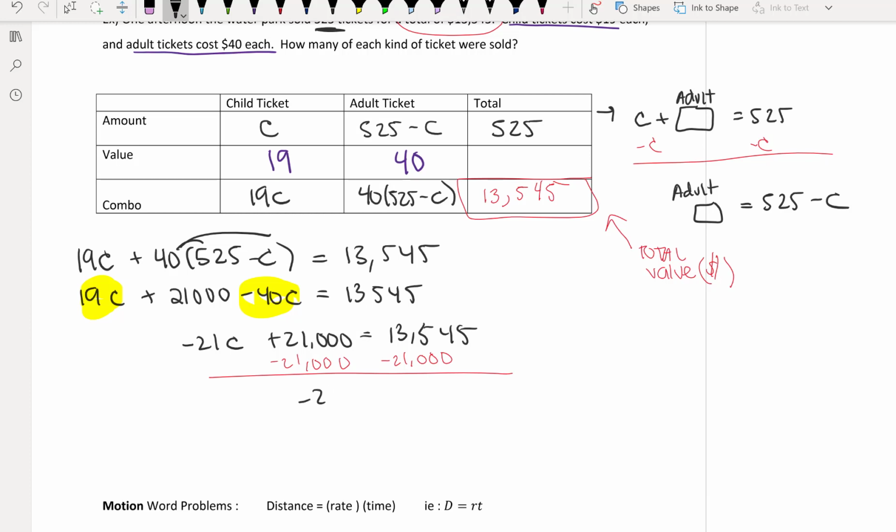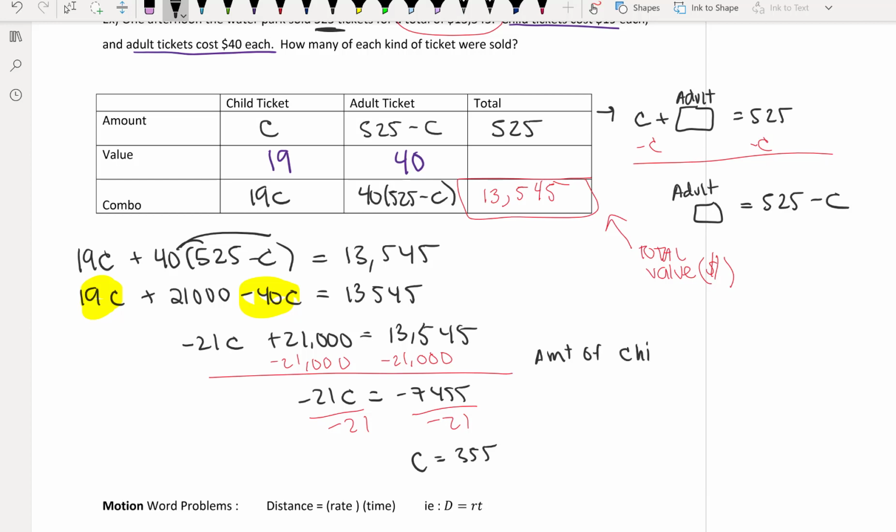So I can get negative 21C, and I have that 13,545 minus my 21,000 to give me a negative 7,455. So I'm going to divide by negative 21 to get the C isolated. So when I divide that by a negative 21, I'm going to get 355.